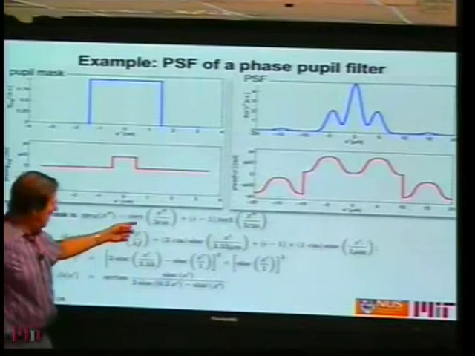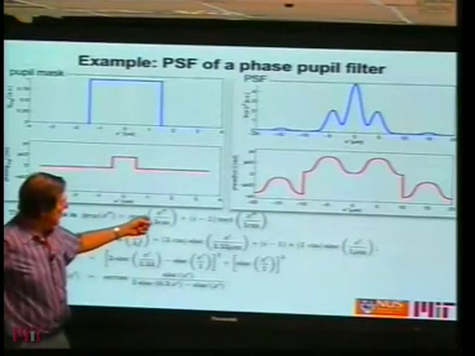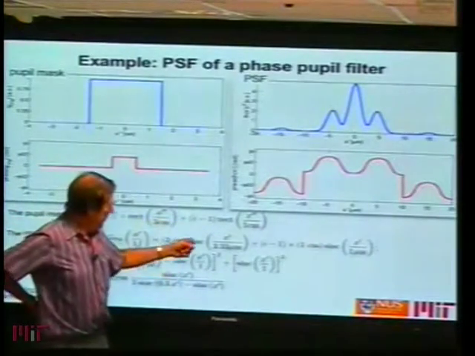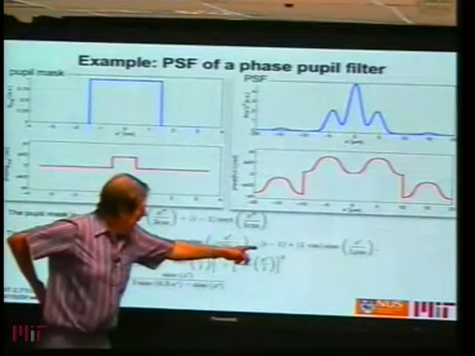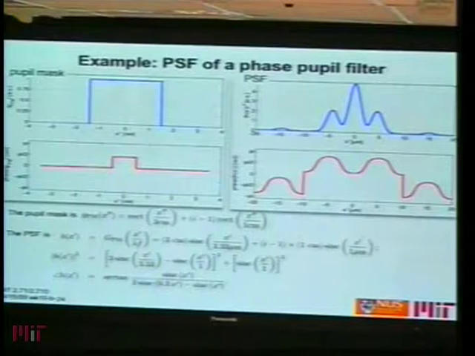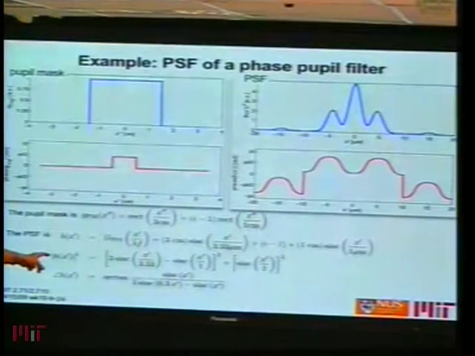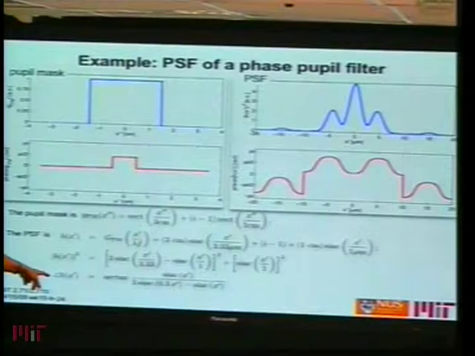So the way we've done it here, we just got the sum of two rectangles. Each of them becomes a sinc, but you've got this i here you have to be careful of. And then finally, we work out the modular square of the point spread function and the phase of the point spread function.